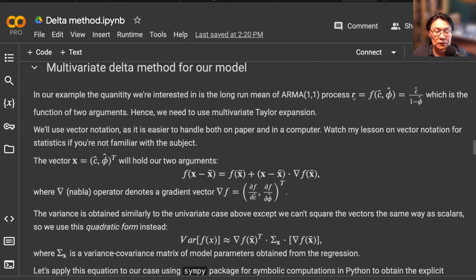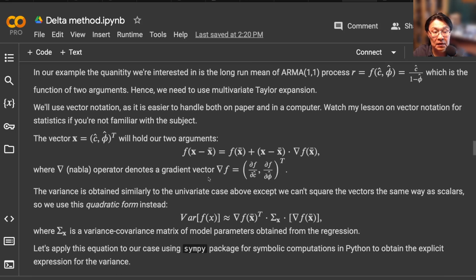Having a function of two variables of this form, we now need to use a multivariate form of Taylor expansion, right? I'm not going to be deriving it again. It's standard statistics, but it's very easy to do, and you will see how similar to the univariate case it is if we are using vector notation, which again I teach in my refresher class.